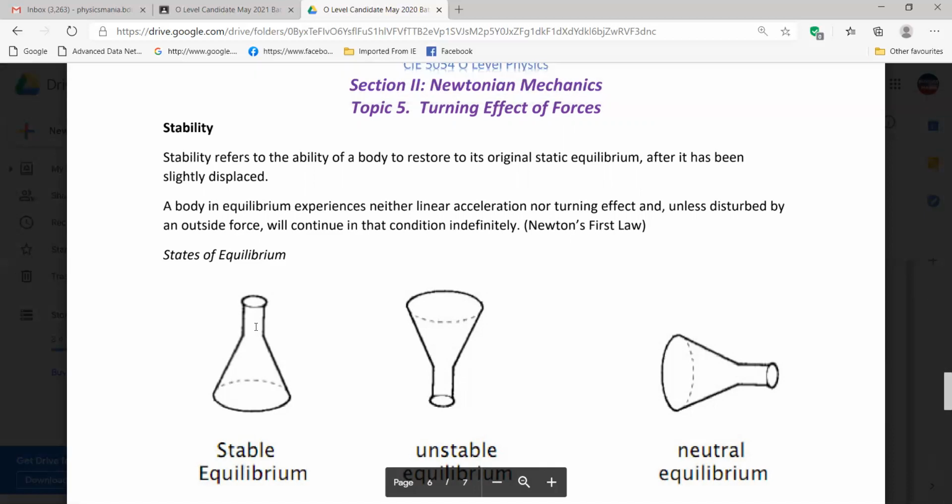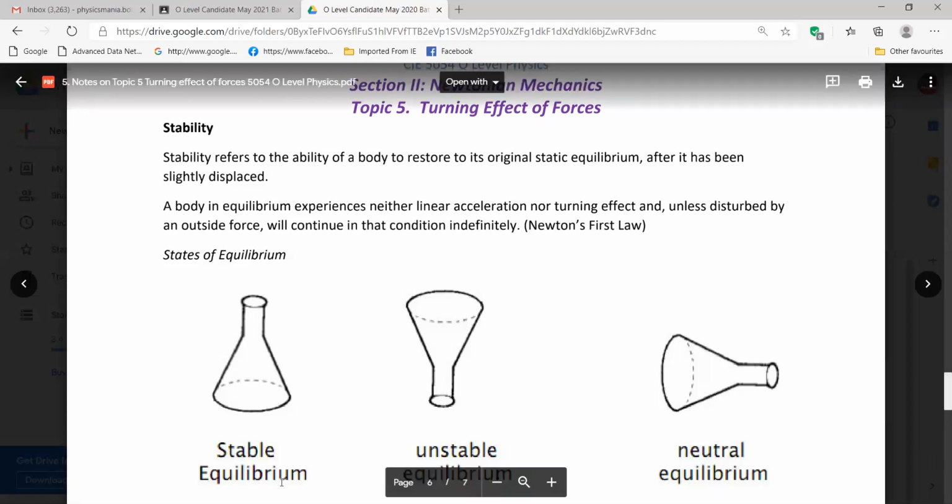And when we find the center of mass, we will see that the center of mass is lower here, at a lower point, because its lower side is wider. More particles are here. So the center of mass will be somewhere in this place. So it has a bigger base area and a lower center of mass. That's why it is more stable.